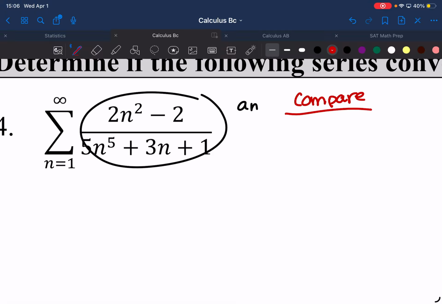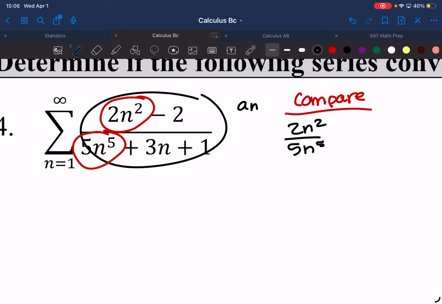In order to figure that out, we really just care about the highest degree on the numerator and the denominator. So the highest degree is attached to 2n squared on the top, and 5n to the fifth on the bottom. So our comparison would be 2n squared over 5n to the fifth.